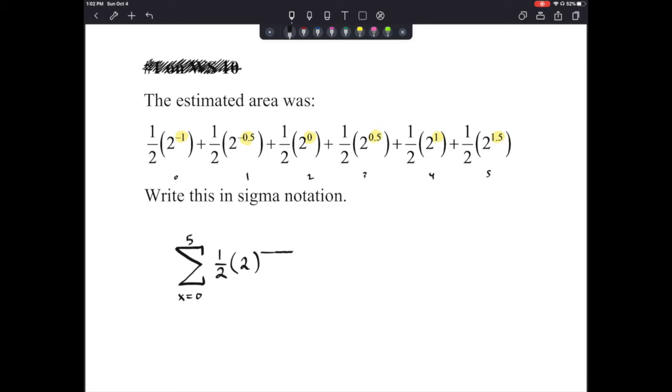So we're going to the 5th term of our 0th term plus 0.5 times x. I think we wrote it as 0.5 yesterday. And that is going to be the way we would write that in sigma notation, which takes way less time to type into a calculator and find the sum versus typing in that entire expression above.